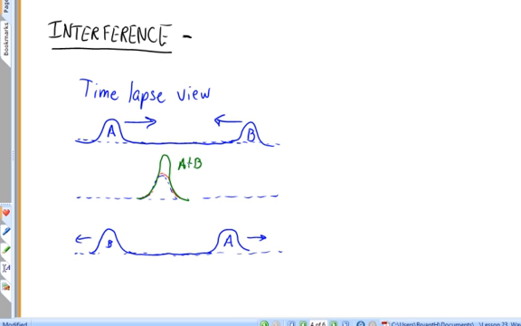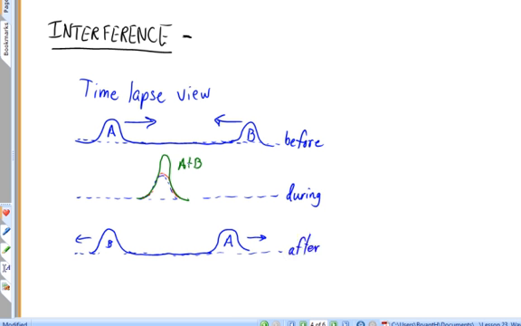You could think of this time-lapse view, the first picture being a before picture, the second one being a during picture, during which the two pulses overlap each other, and the last picture being what happens after those two disturbances overlap each other.